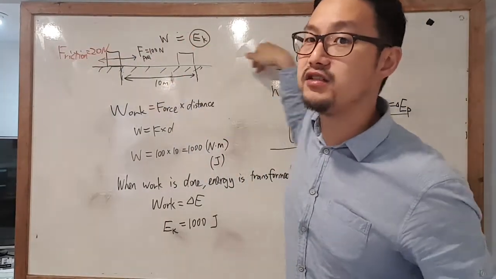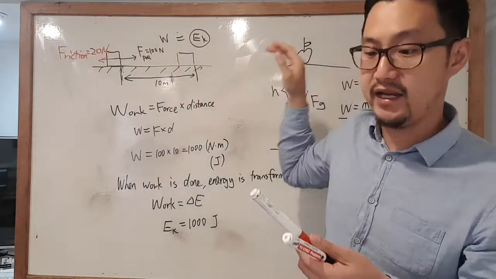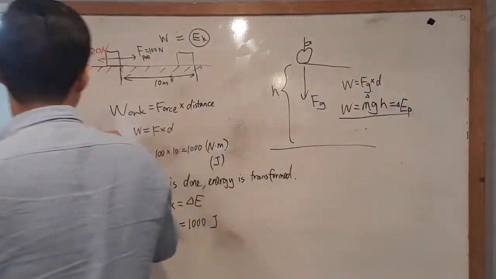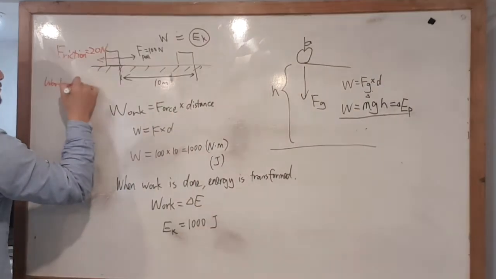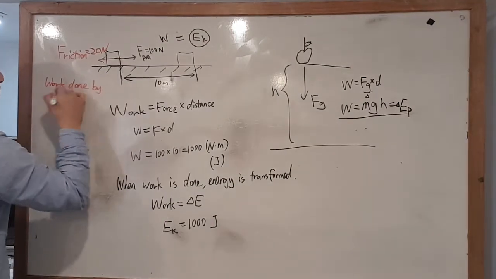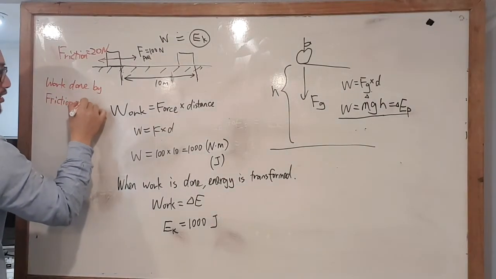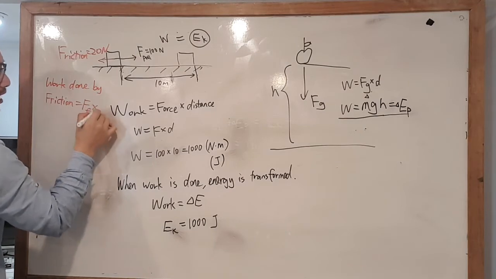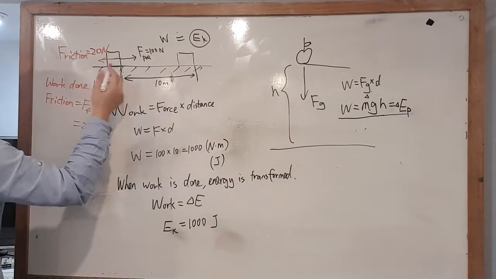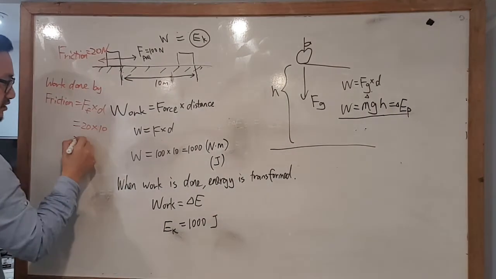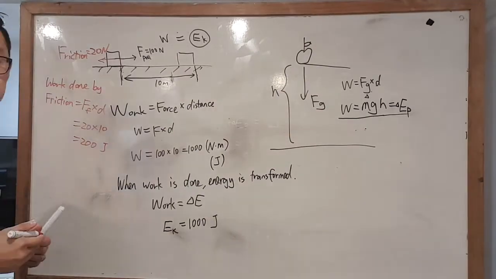We still consider it because it's in the same line. So the work done by friction will equal the friction times the distance. How big is friction? 20 Newton, times the distance, which is 10 meter. So friction has done 200 joule of work.